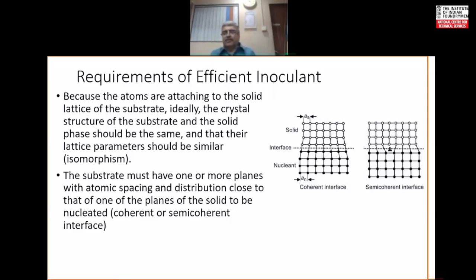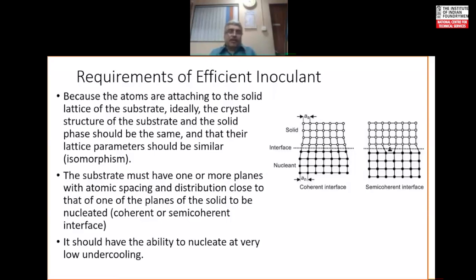Mind you, this is the side on which the solid is, or from liquid the solid is getting deposited on this nucleant or inoculant. The inoculating material also should have the ability to nucleate at very low undercooling. Here is another interesting thing. We saw these dimensions here.